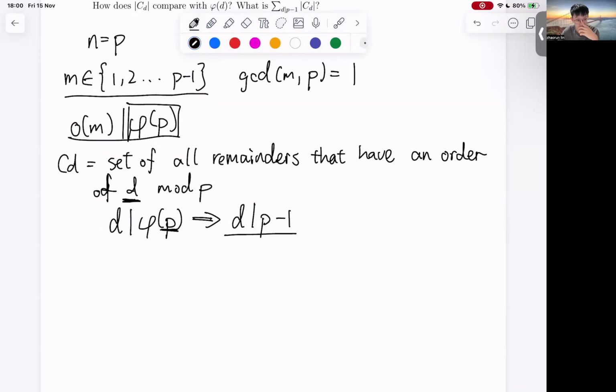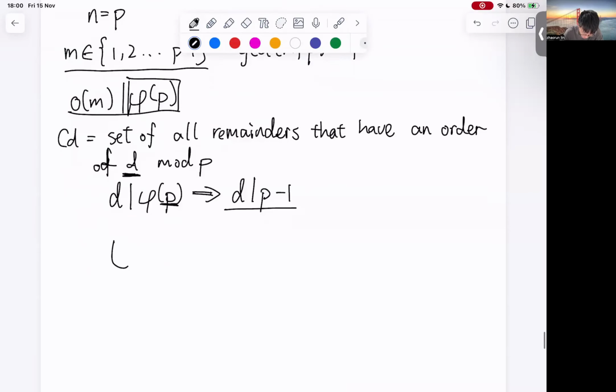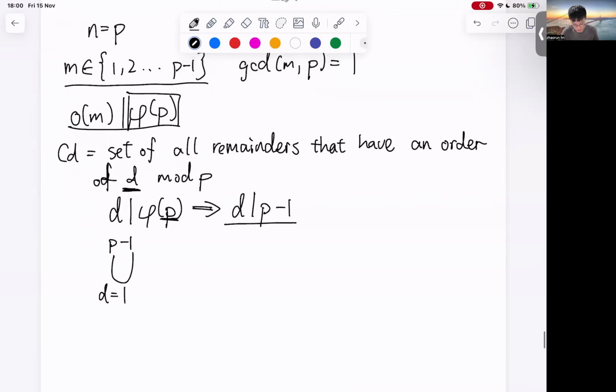So we would have the union of the orders, from order 1 up to order p minus 1. The elements that have an order of p minus 1 are actually the primitive roots, right?